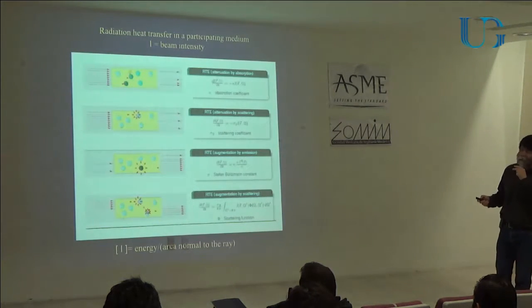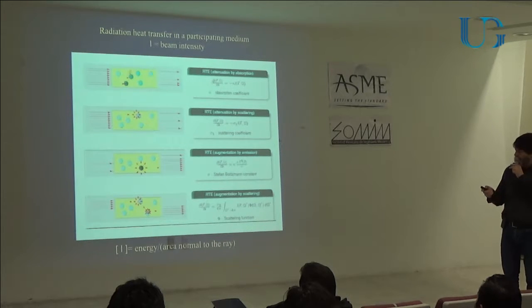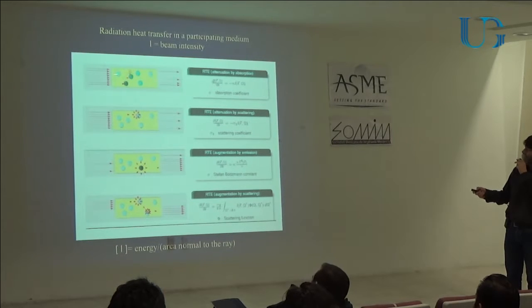Okay, let me try to explain very briefly what are the main components of radiation heat exchange. Well, first of all, let me start with a very idealized picture of a radiation beam that comes from left to right.